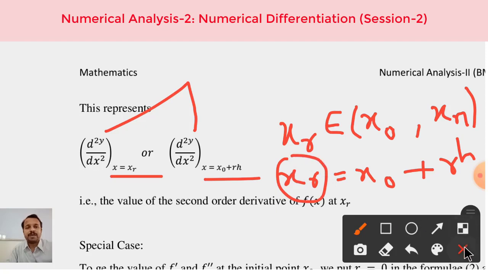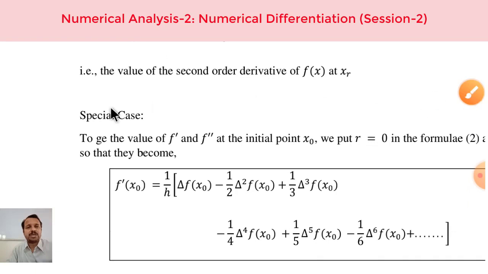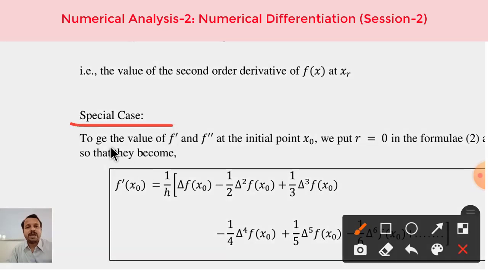Now we are having two special cases here. That is, when it is advised to find the derivative of f, that is first order derivative of f at the point x0, the initial point x0.